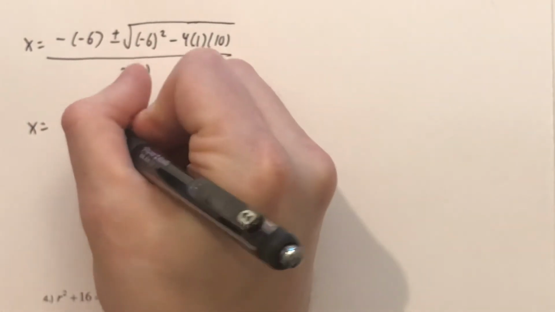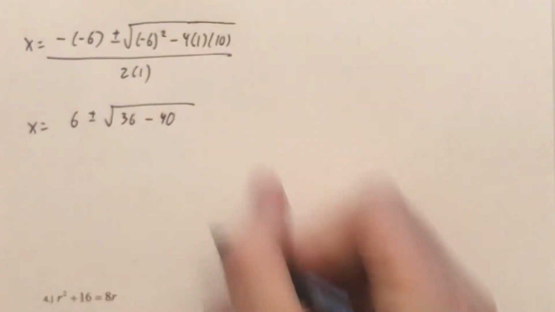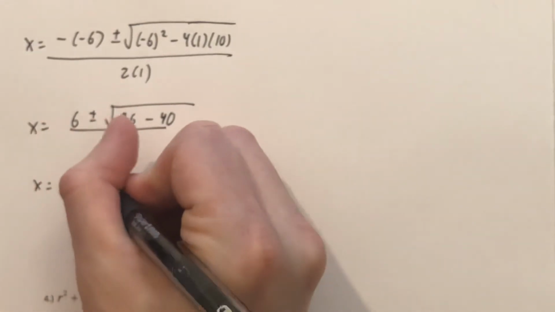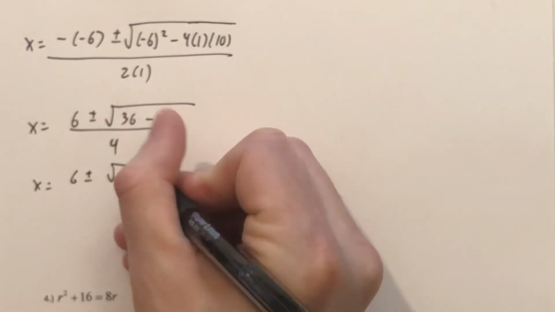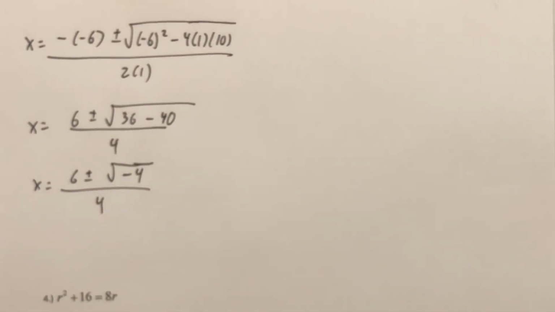So we've got 6 plus or minus square root. That'll be a 36. That'll be minus 40 over 4. So that's 6 plus or minus the square root of negative 4 as a leftover there in the radical.